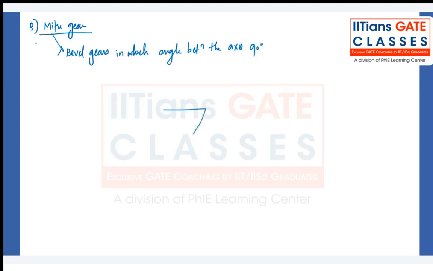Okay, so one gear and another, exactly 90 degrees, and speed ratio is 1:1.